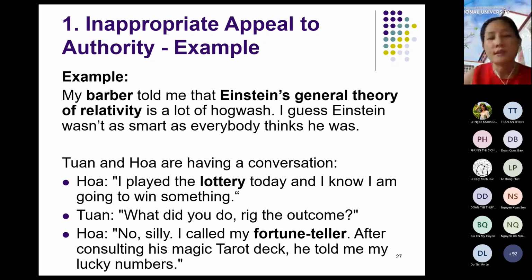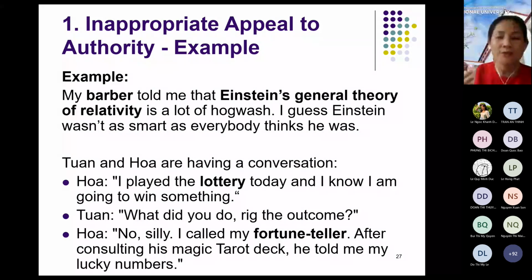Or similarly, you can see this example. Two people were discussing, and one said, I played the lottery today and I know that I'm going to win something. The other friend said, how can you say that? Did you read the outcome? The first said, no, I called my fortune teller and he told me the lucky number.